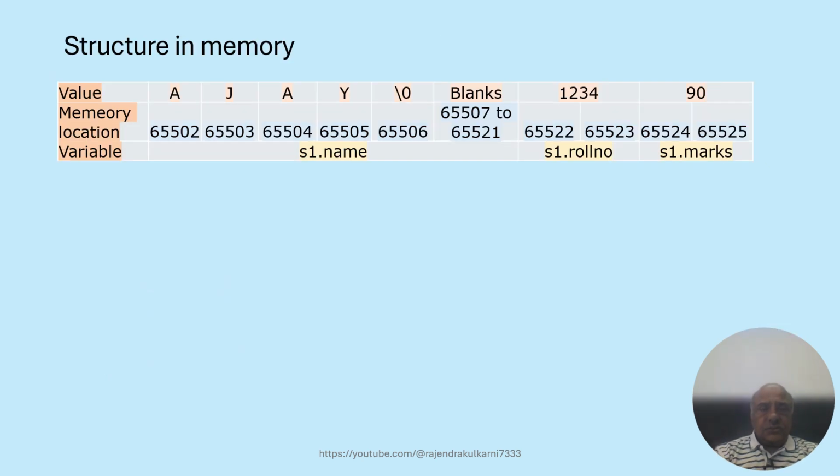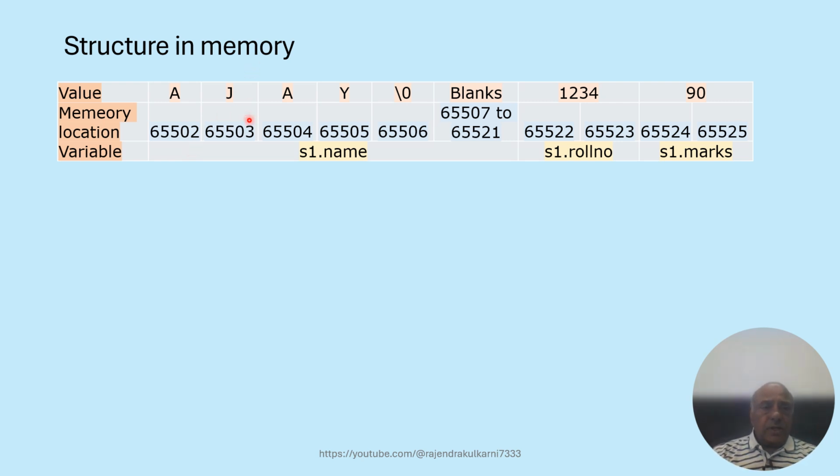How is the structure stored in memory? We can see here s1 dot name, which has been declared with 50 characters.